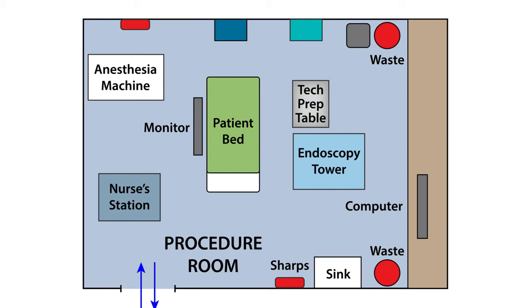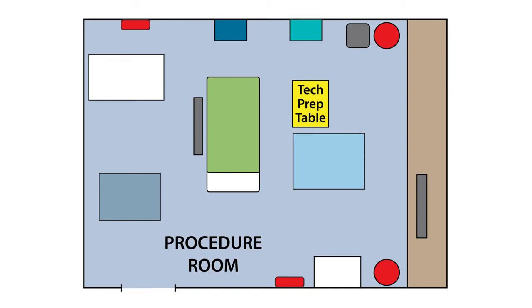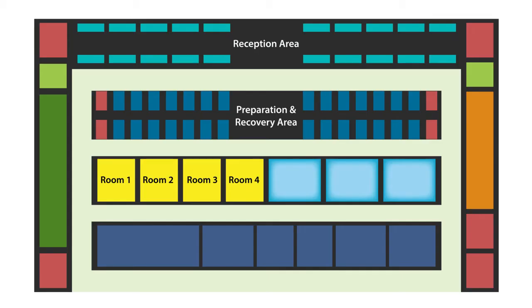You have a patient's bed, endoscopy tower, tech prep table, anesthesia machine, nurse's station, sink, and various containers for sharps, waste, etc. So after a procedure is done, you go to the tech prep table inside the patient room where you do the pre-cleaning. That's the most important thing that you need to do immediately after the procedure. Once the scope comes out, the scope should go through pre-cleaning.